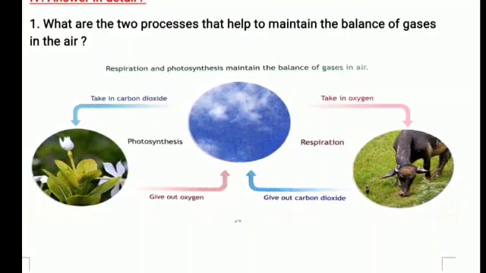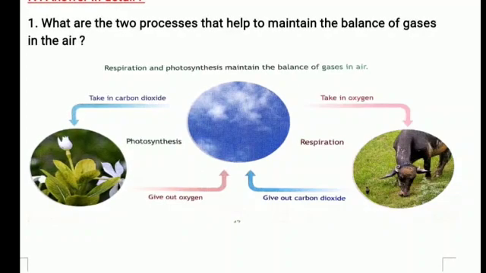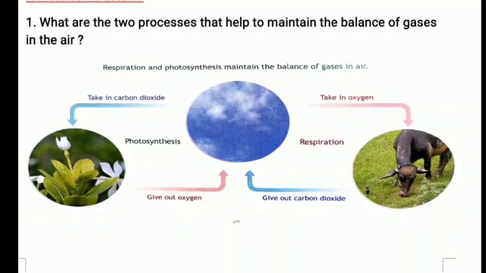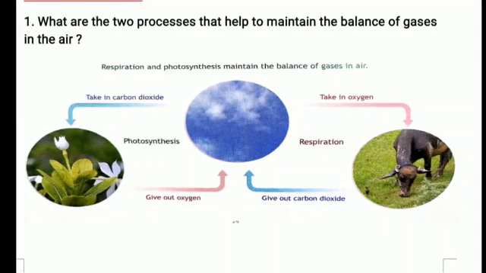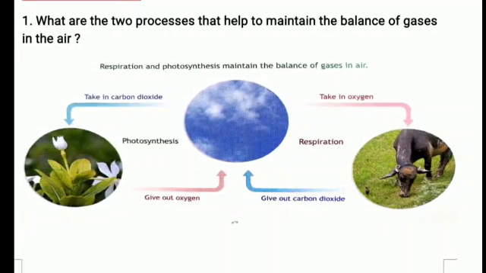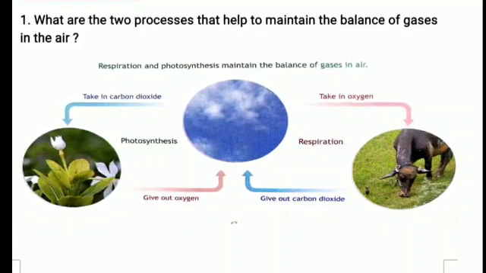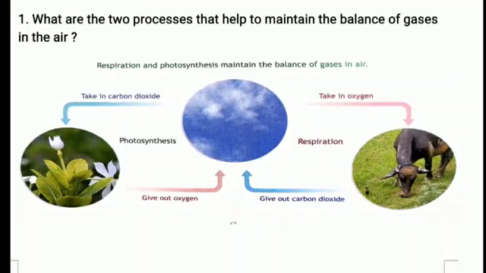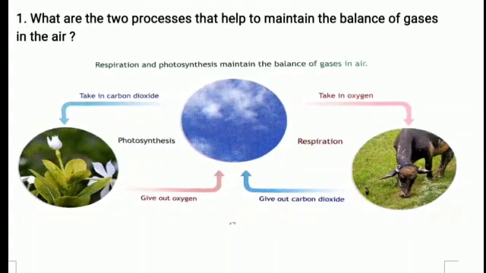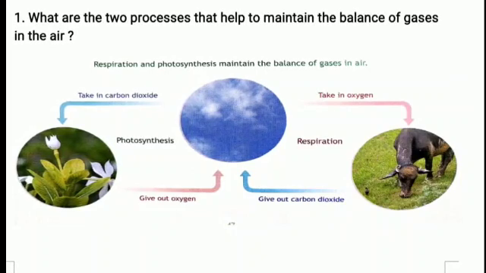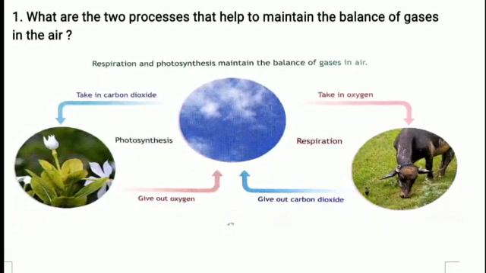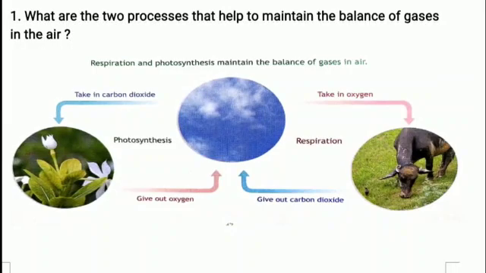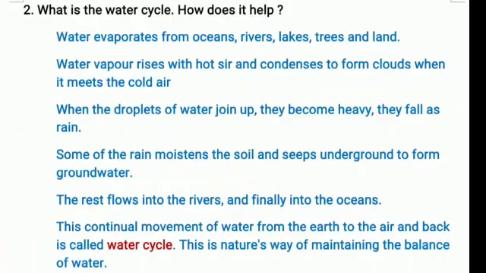And you must also draw this diagram. You can even color it, label it and write all the explanations. You can draw 3 circles with a picture of a plant inside one circle, a picture of sky or air in one circle, and another one with the picture of any animal, and you can label all these points inside.